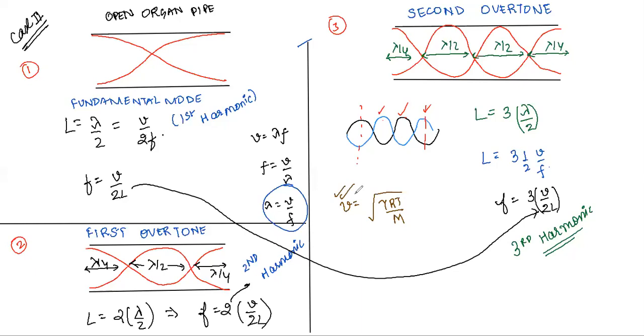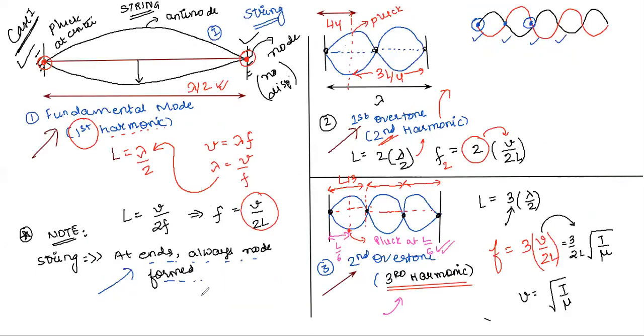Now let's say I want to take the ratio of frequencies. Will we be able to easily do it? In the first case, the frequency was V by 2L, then it was 2V by 2L, then 3V by 2L.